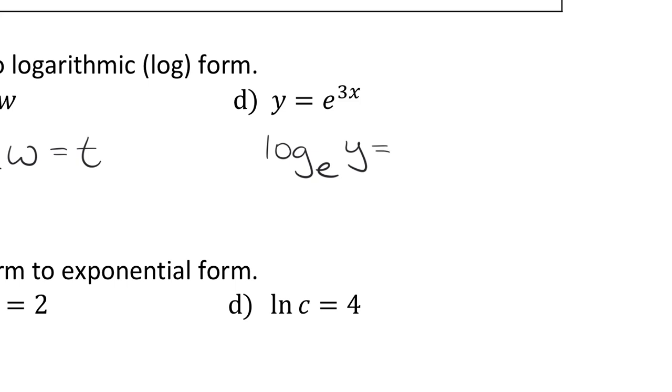And my input was 3x, so that becomes the output. Log base e of y equal to 3x. But you will never see it written like that. What did we say log base e could be written as? ln. So this is the natural log of y equal to 3x. Again, I write that in cursive so that my brain doesn't accidentally think that's "in". It's ln, natural log.